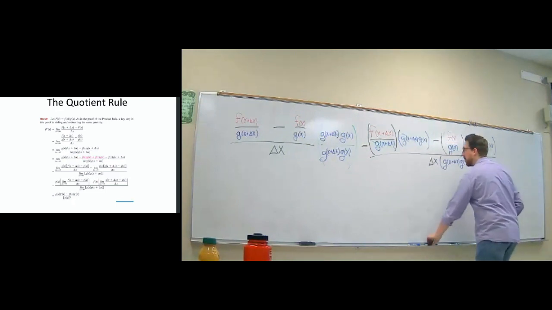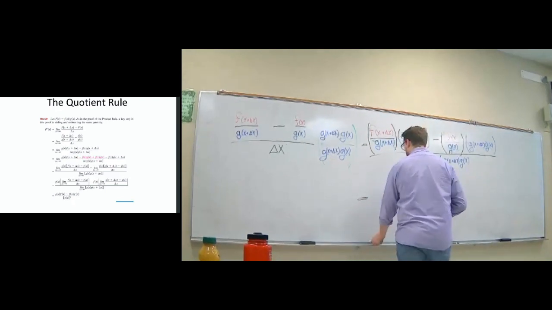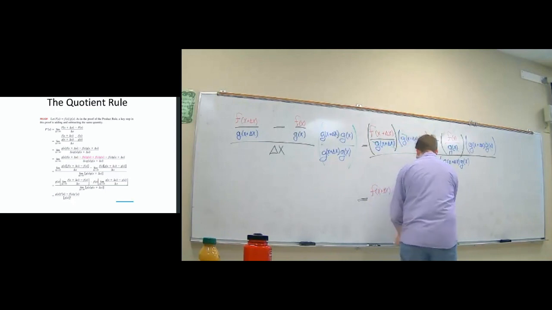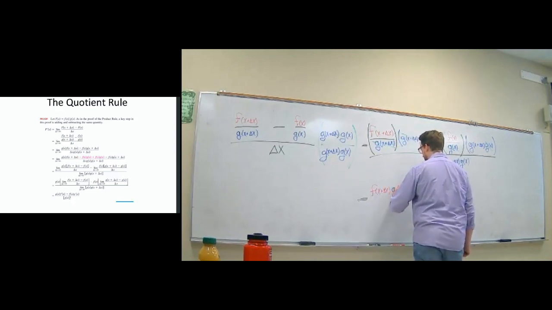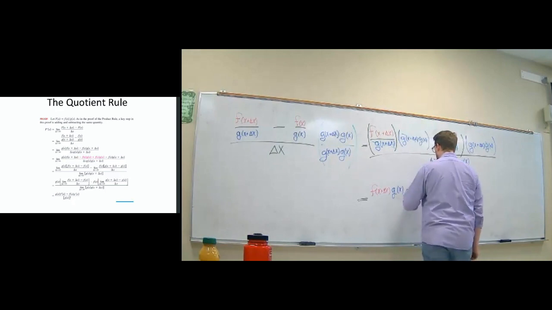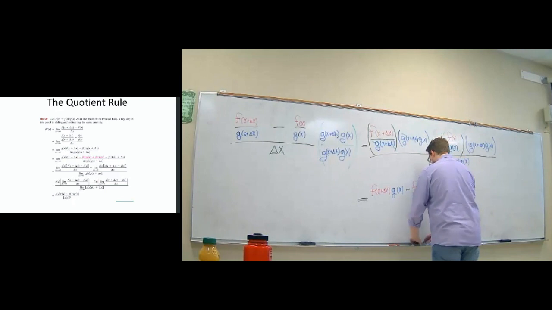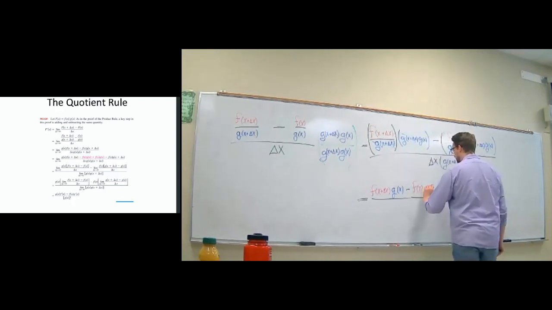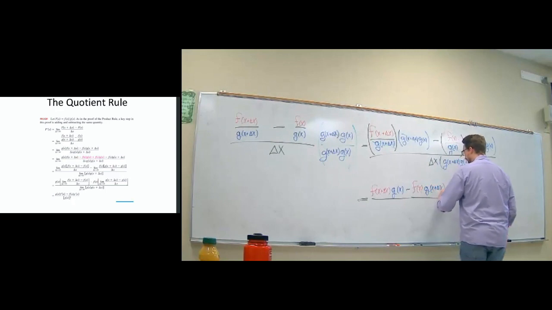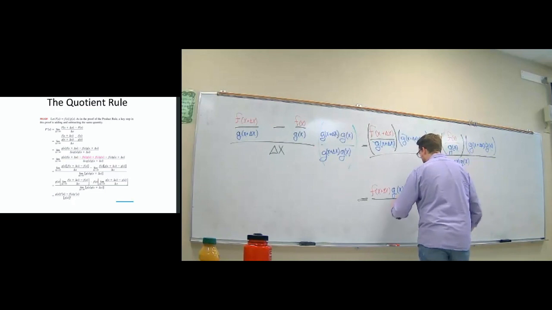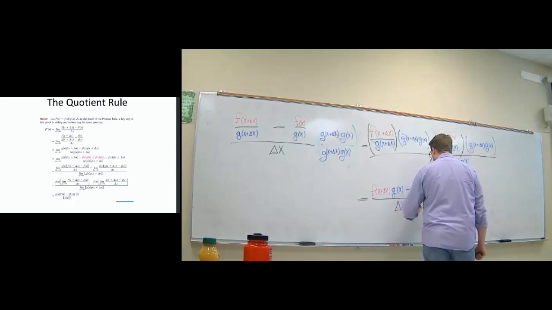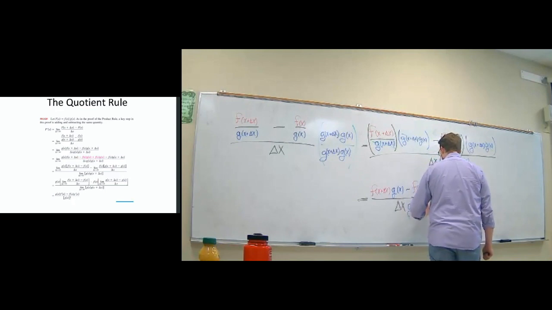So what we're left with is f of x plus delta x times g of x, minus f of x times g of x plus delta x, all that divided by delta x times g of x plus delta x times g of x.